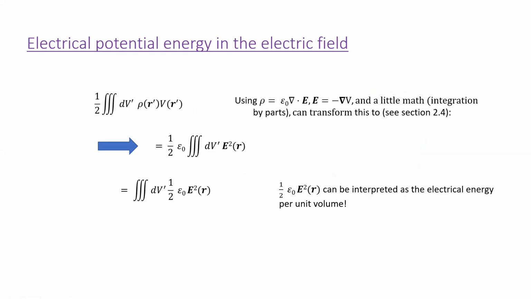For a continuous charge, we have these two interpretations where we can either have the interaction between the charge density and the electric potential, or a straight integral over the square of the electric field times this constant. And those both give the electric potential energy in the electric field.